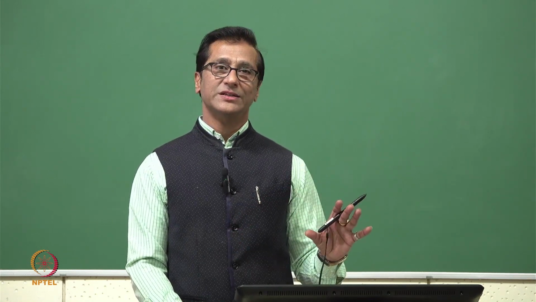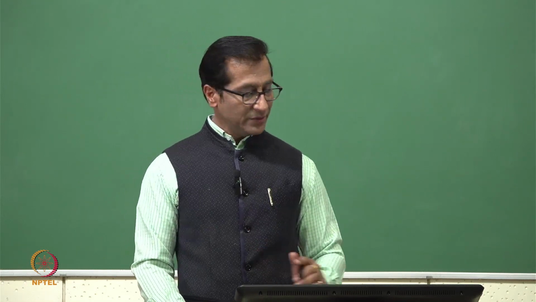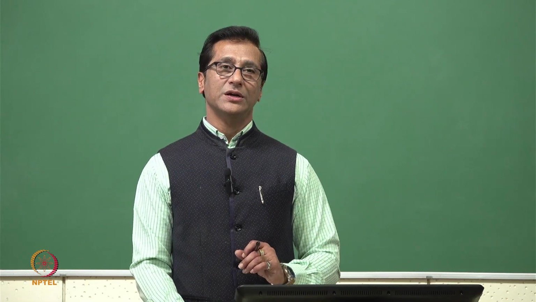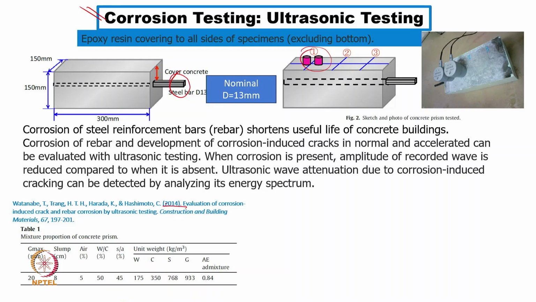So we have an already tested perfect case, and we compare with the other test. Here, particularly, they are trying to figure out this steel bar which is used for concrete, how fast it deteriorates and whether there will be any crack formation or not. That's why UT has been done for that. I'm picking this example from one publication, a 2014 publication. The title of the paper is Evaluation of Corrosion Induced Crack Rebar Corrosion by Ultrasonic Testing.